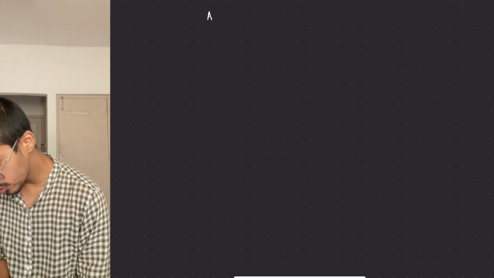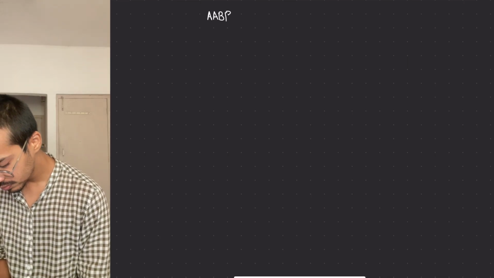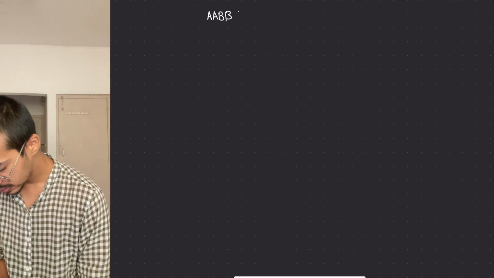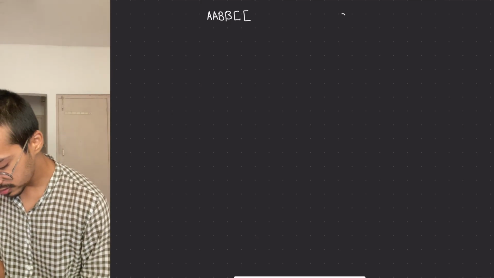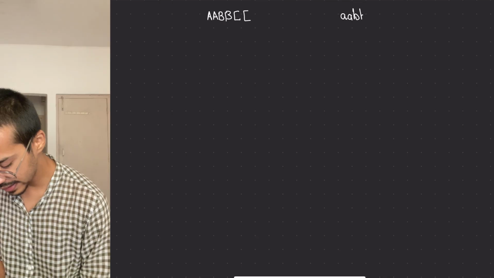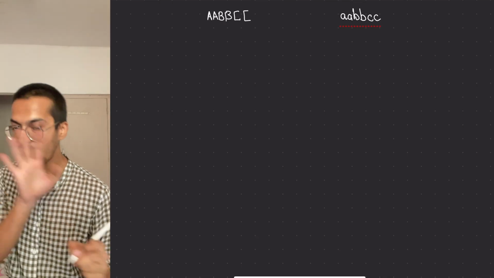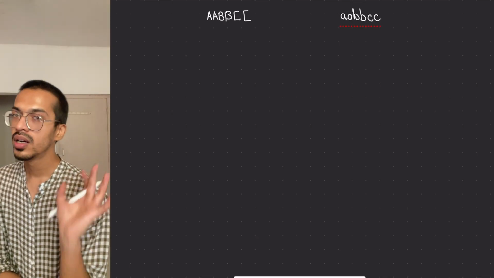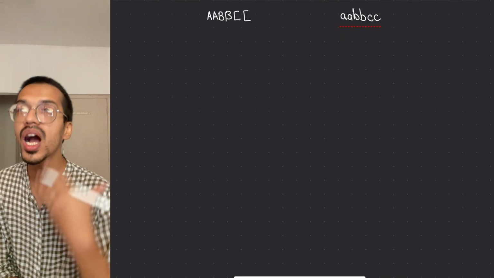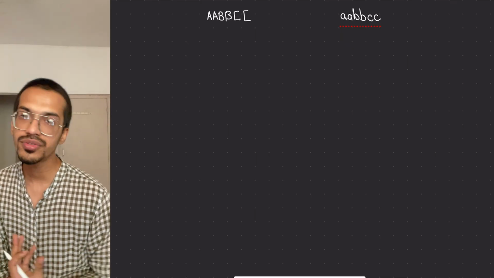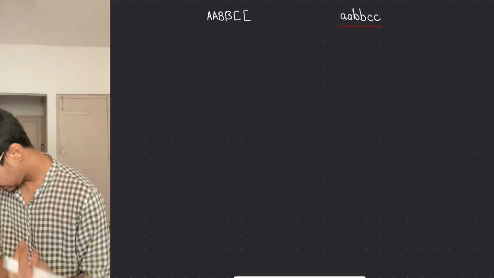So let's make it. One parent is dominant. I'm writing it like this so that I can distinguish. And the recessive parent is like this. Now how do they look? The capital one, the dominant parent, will have a dark black color, and in terms of science we use the word Negro.